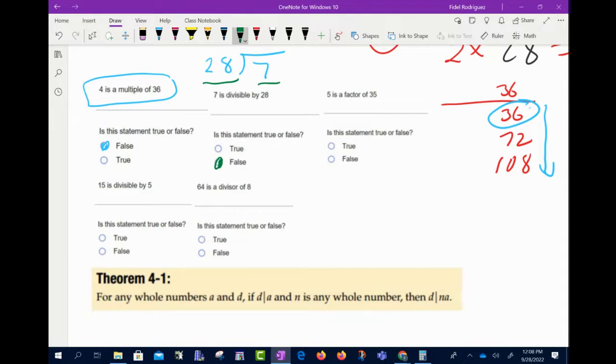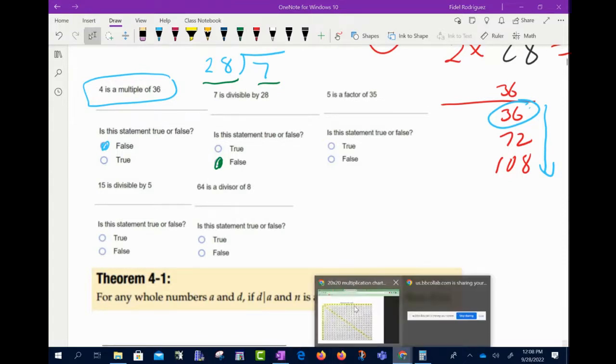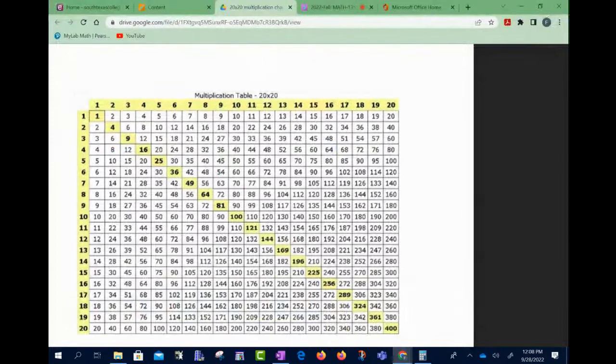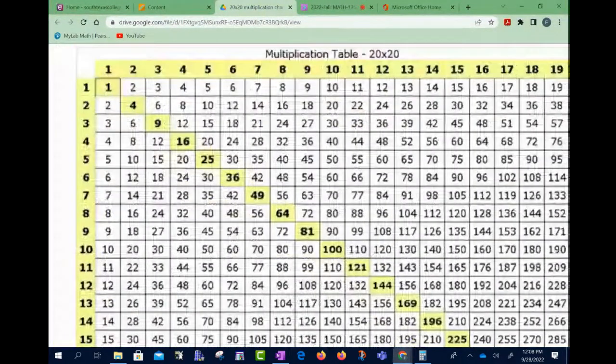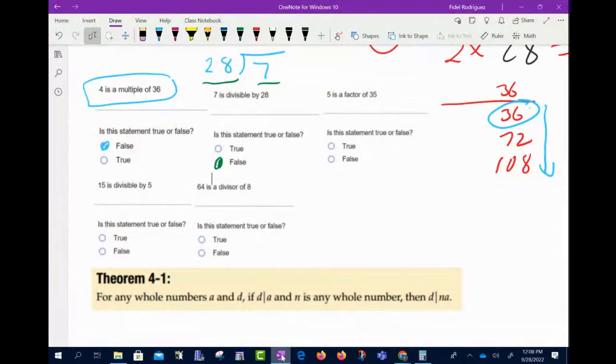Now, if it was switched the other way around, if it said 28 is divisible by 7, that we would know is true, because if I look at my multiplication table again, 28 is one of the multiples of 7. But because of the way the question is phrased, 7 is divisible by 28, I know that's false, okay?